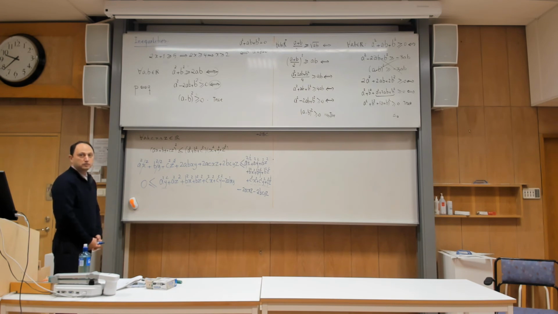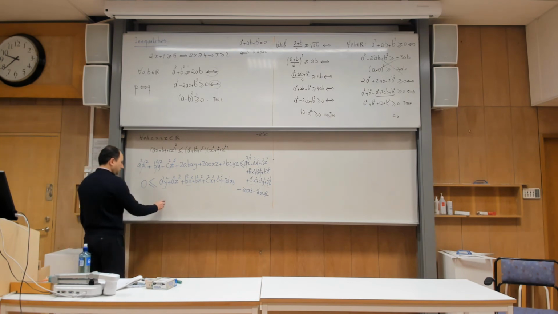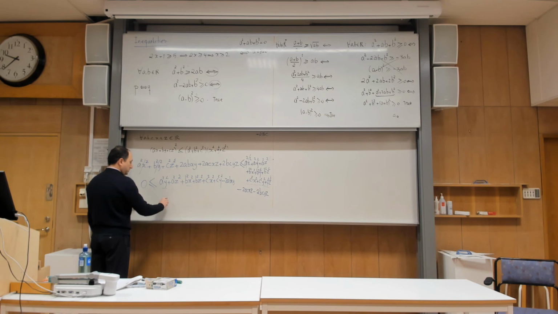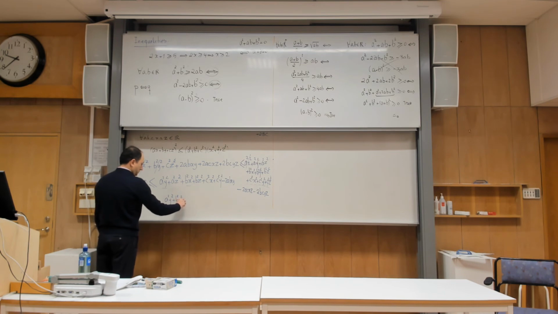Okay, what about you? I regroup them in the order a squared y squared, b squared x squared, and then minus 2abxy. That is my intention as well.